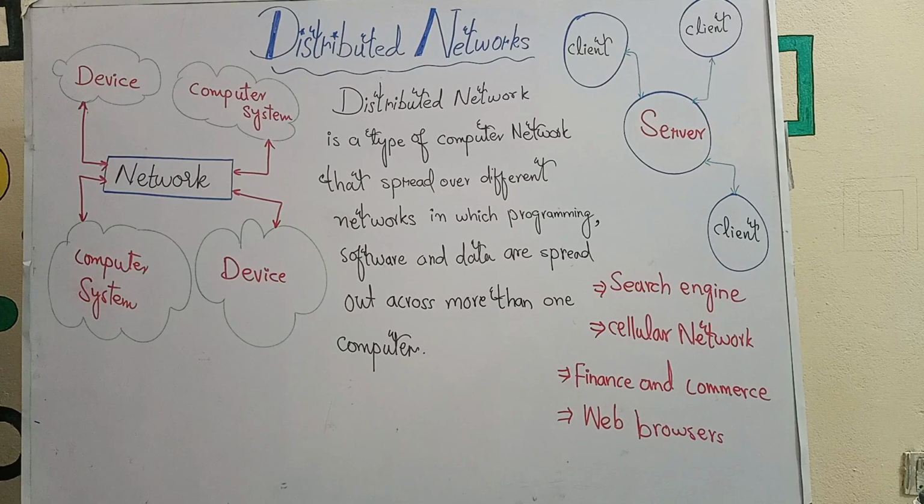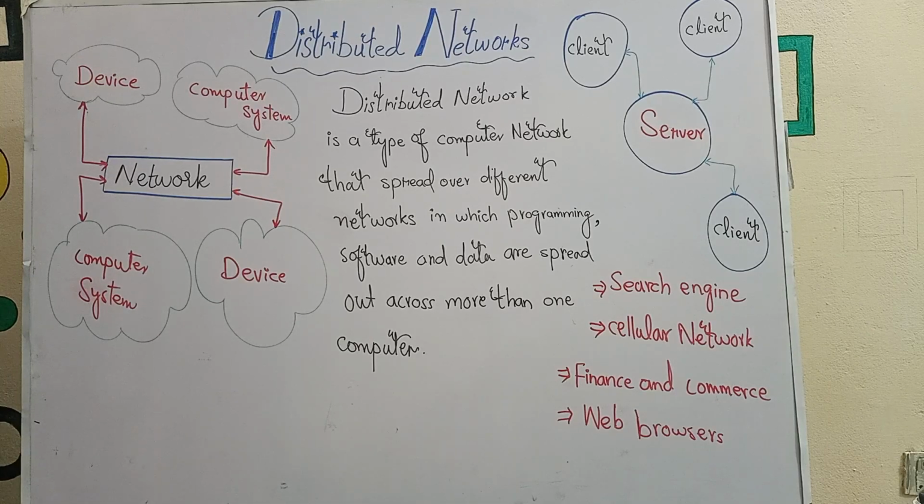The other example is the cellular network. How can we say that cellular networks are an example of distributed networks? As you know, cellular networks are mobile networks. There is a single base station for every network. There are towers, and through the towers you can access signals.